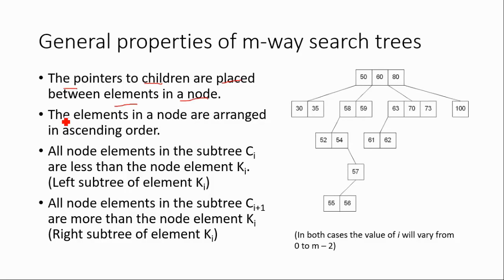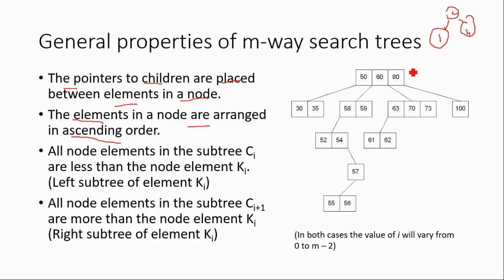The next point is the elements in a node are arranged in ascending order. So in binary search trees we know that the nodes to the left of the root node are lesser than the root node, and the nodes to the right are greater than that.